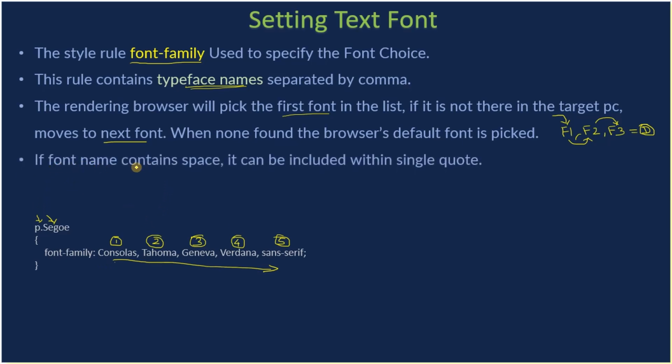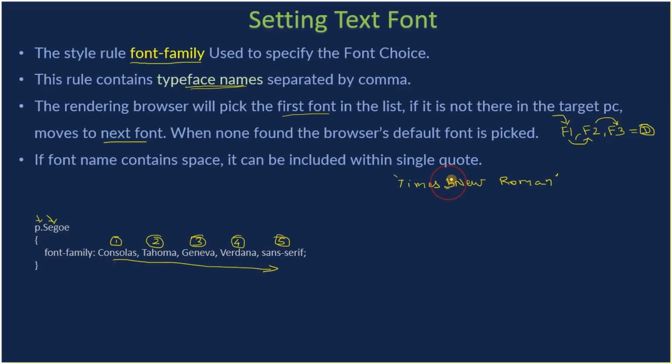If a font name contains space, it should be included within single quotes. But here in our example, all five fonts don't contain any space. Suppose a font name is like this, then we have to specify that within single quotes, right? Because it contains a blank space in between.